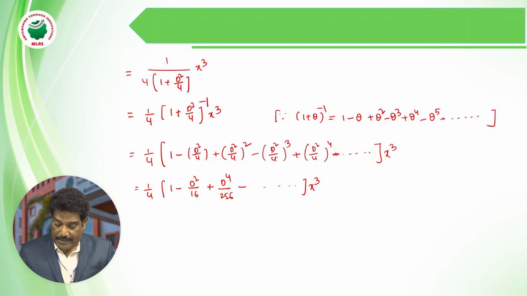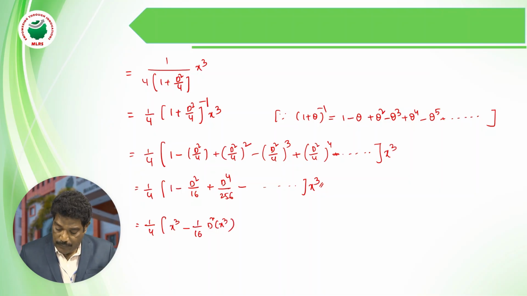Here we need to take the terms up to only cube. Why? Because we need to multiply each and every term. That is 1 by 4 into 1 into x cube minus D square of x cube, which means 2 times the derivative of x cube, so 1 by 16 into 2 times the derivative of x cube.